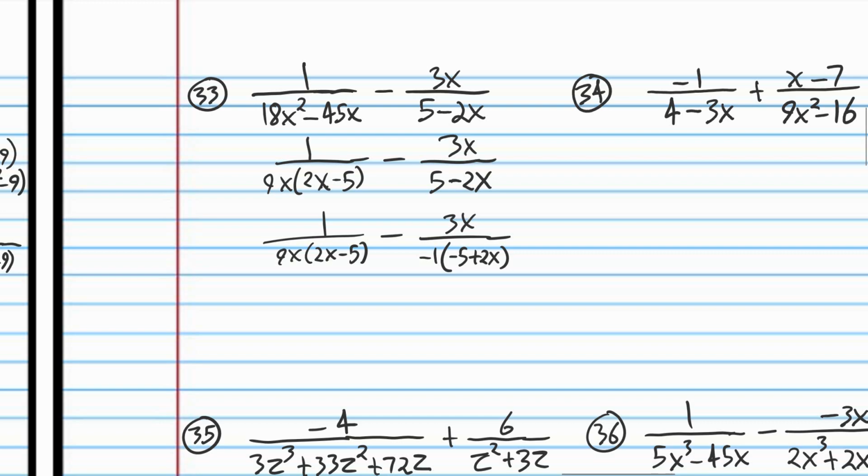All right, so now I can take this -1 and I can put it up here. Or we can just multiply both sides of this fraction by -1, and then we'd have our factor. Probably the easiest way is just to move this negative up into 3x. So I'm going to go ahead and do that.